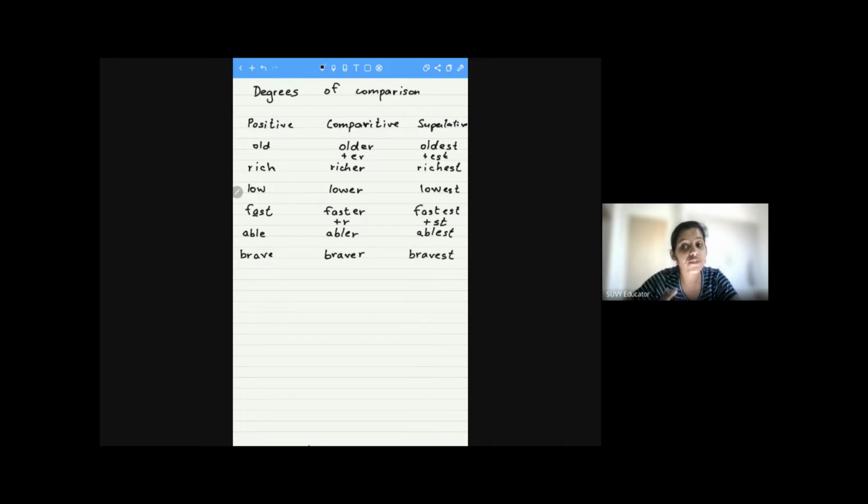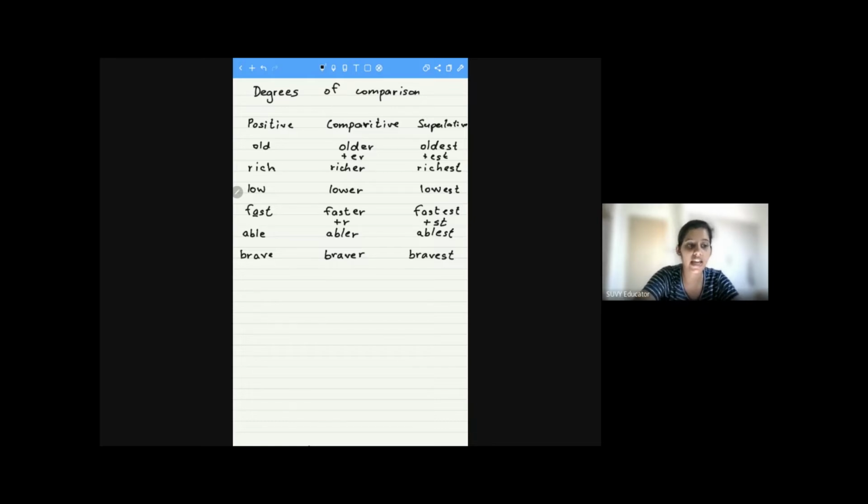So you can have so many examples of this, like nice, noble, then simple. Yes, any words that end with a vowel will have r and st as their comparative and superlative respectively.